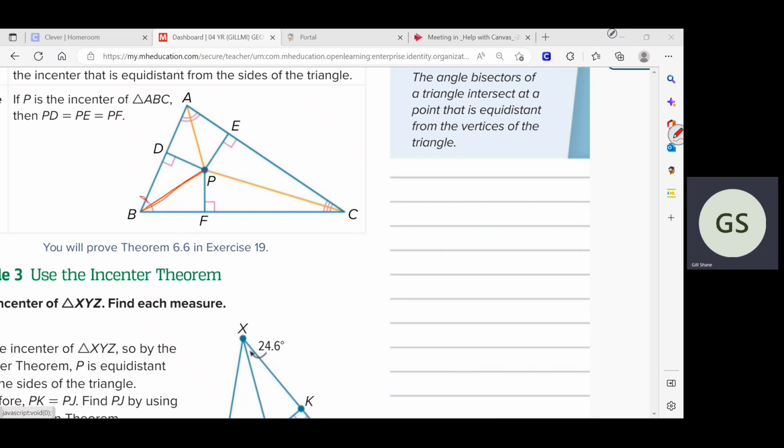I wish they would have done a better job of drawing it. It's really two small marks, one in each angle, showing that they're equal, showing that we bisected. Same thing here. This is really three small marks showing that we bisected that larger angle.